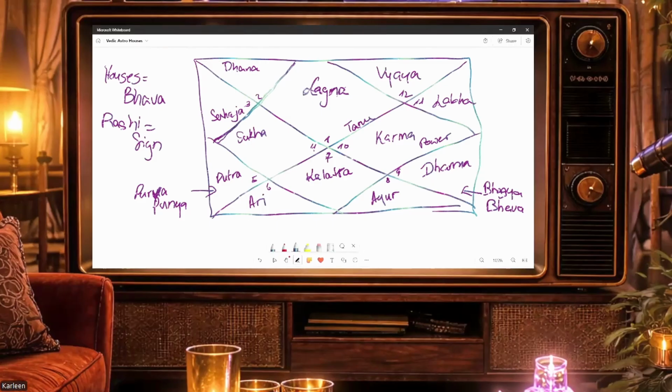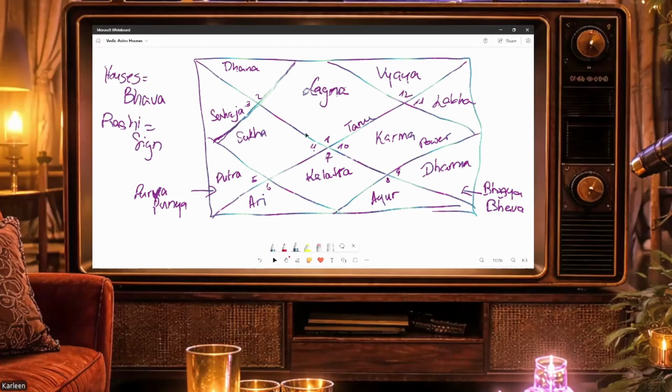And vyaya itself means loss or expenditure. And the moksha dimension gives this house a really sacred quality, which is not really there in Western astrology in that sense. The 12th is mostly about hidden enemies, isolation, the subconscious. You guys know the drill.